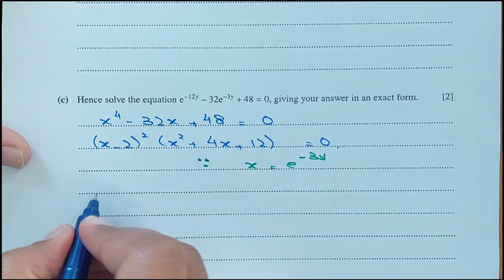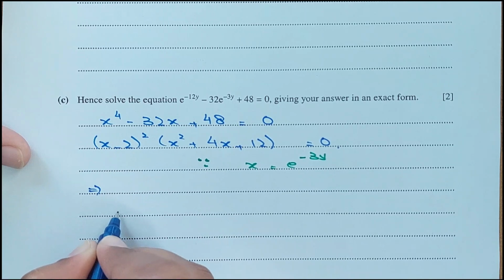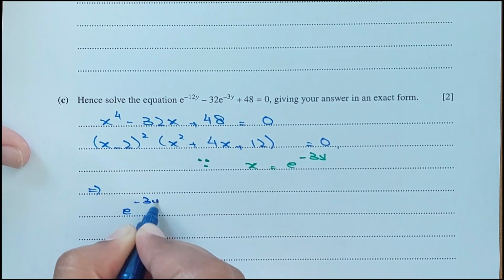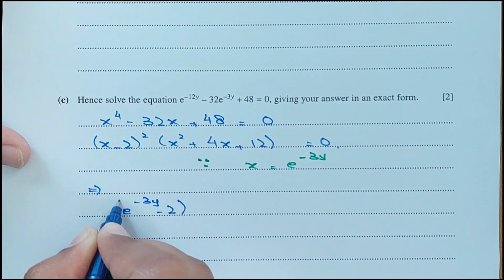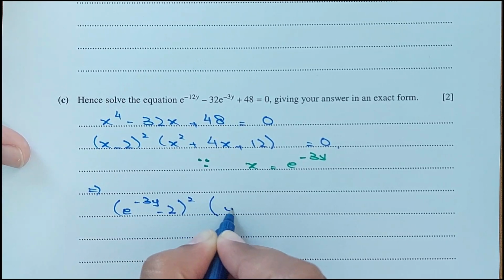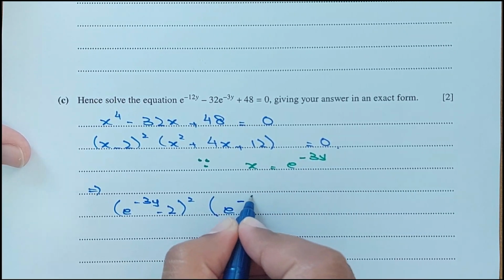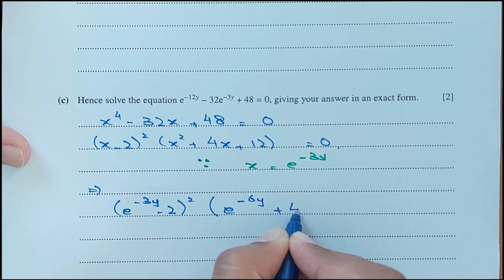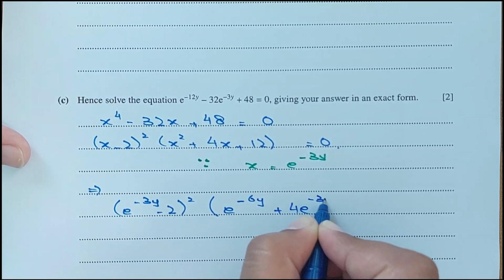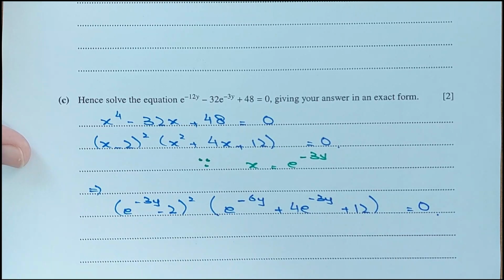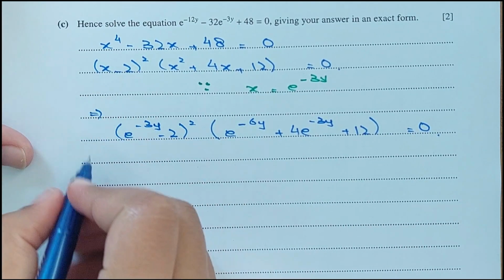Okay, so how can you find the factors? We can say x minus 2 whole square equals 0, so this is e power minus 3y minus 2 whole square, and e power minus 3y whole square, so 3 times 2 is 6y, plus 4 e power minus 3y plus 12, this equals 0, right? Let me simplify this.